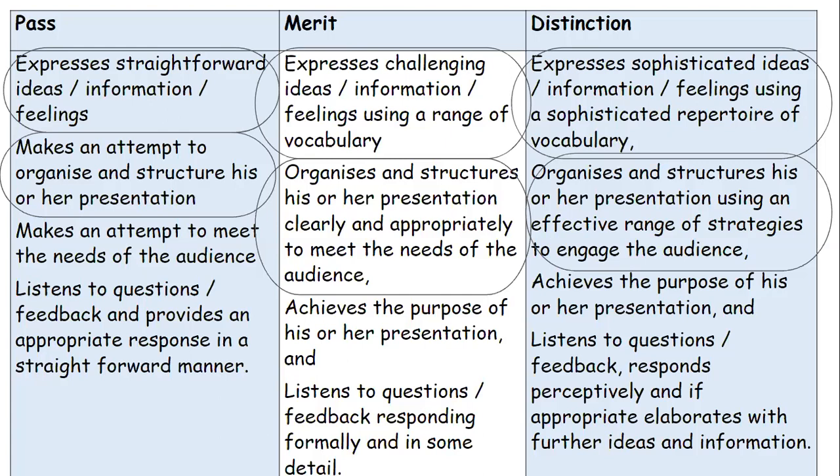Whereas a distinction starts to use an effective range of strategies to engage the audience. So that's what I'm talking about, that introduction being so important, getting that into your teacher as soon as possible, because organising and structuring this presentation, part of that is using your introduction to hook the reader in and really engage them. So that's you know in your head which one of those you're heading for, pass, merit or distinction. You have a think about which one of those you'd like to achieve and think about what you're going to need to focus on today to get into that band for content and organisation.